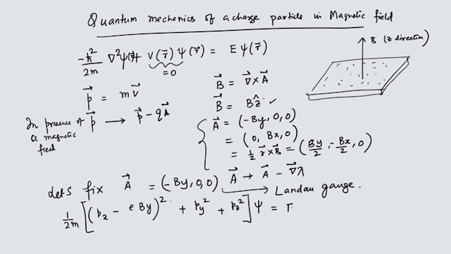Then this psi is equal to E psi. So this is the Schrodinger equation that you have to solve.